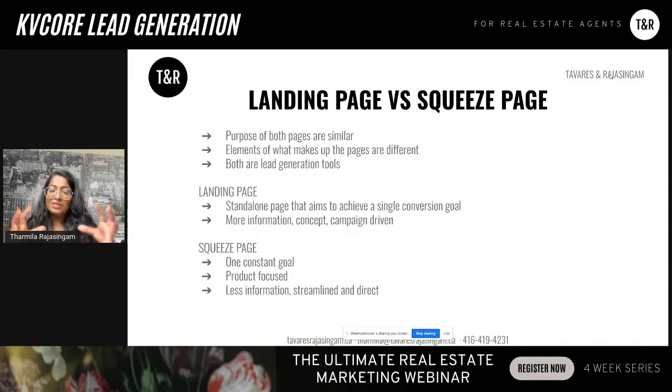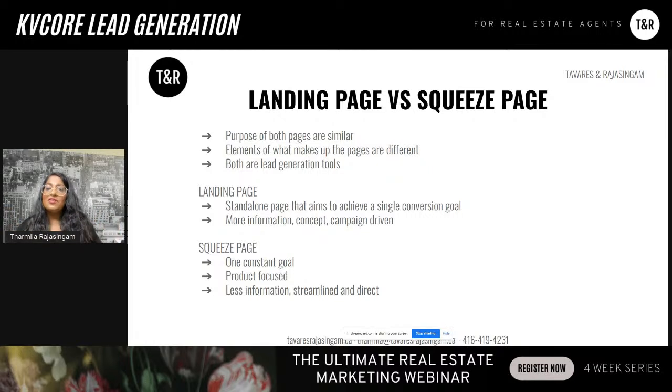You're not using a buyer's tool to bring people in to look at properties, like a buyer's guide, for example, which is what you would do at a landing page. A squeeze page just uses the MLS listing itself, the product itself, to bring people in, because that's what they're here for. That's what you're going to show them. But you're going to narrow the search down so that you're able to really target the people that you're looking for. It's less information, it's streamlined, it's direct, because then it's simpler to set up.